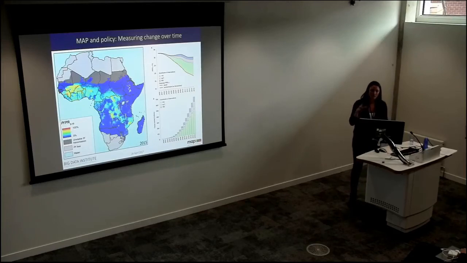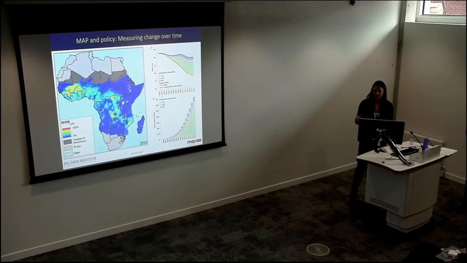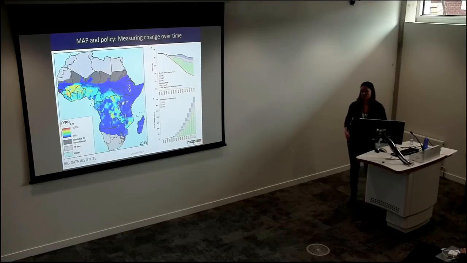When we were based back at Zoology, we started to expand MAP into the spatial ecology and epidemiology group, and we looked at dengue and leishmaniasis and other things. So there's a lot of overlap, and one of our big remits at MAP is to be very open source and collaborative in our data as well as our methods, in terms of the models used and the infrastructure that we use to support it.